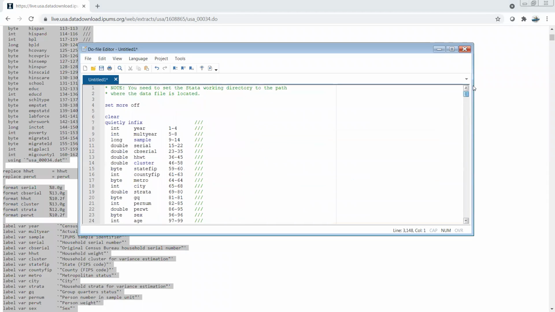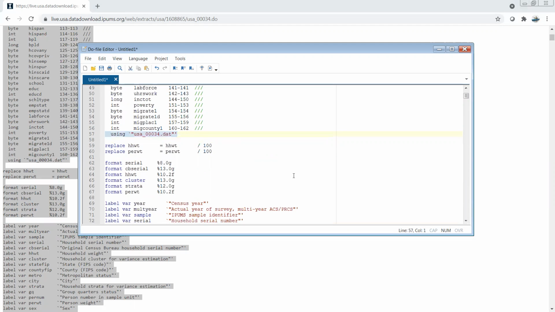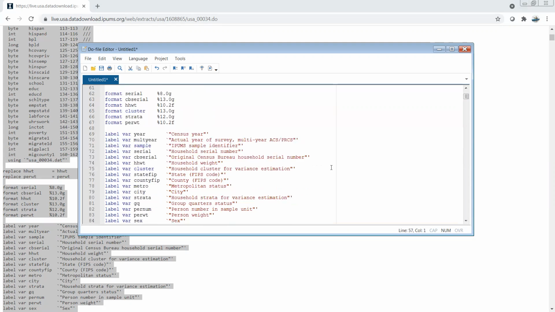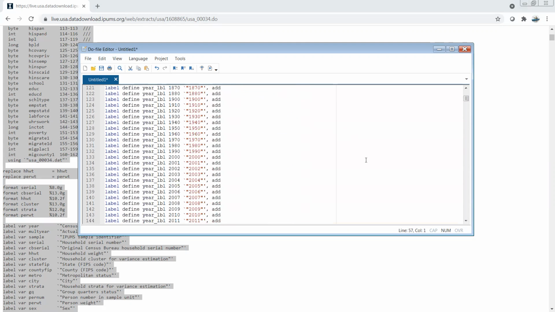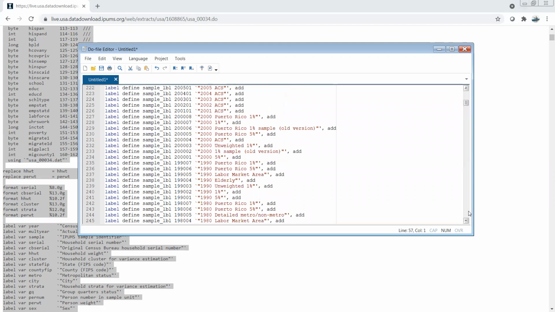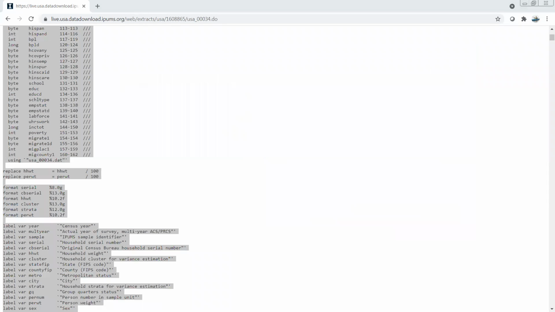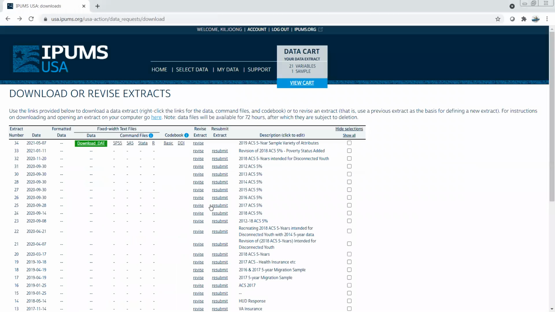So if you go near the top here, you need to make sure that this is where the file is located. Then it will attach variable names and all the values that are in here. So you don't really have to do any of these manually. They have Stata code that allows you to create a Stata file.